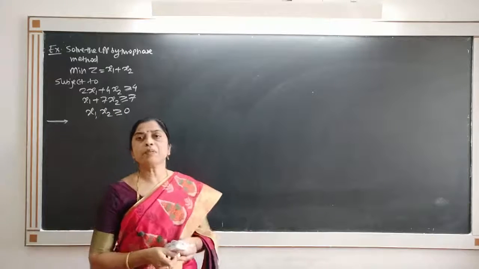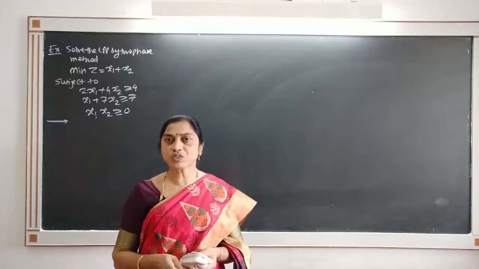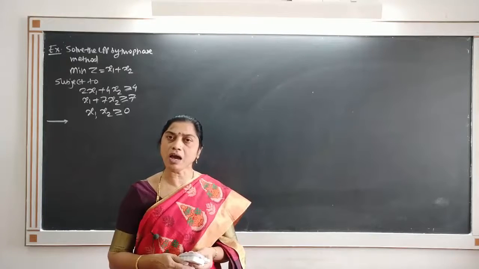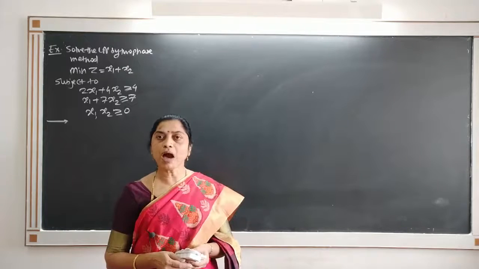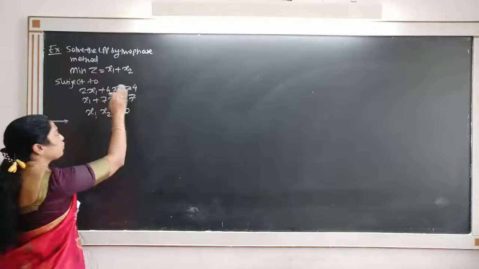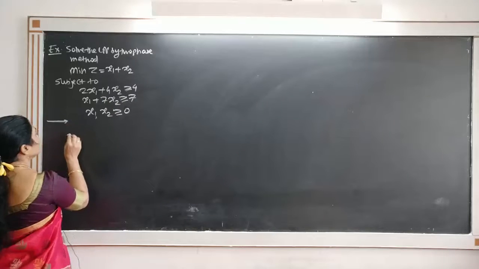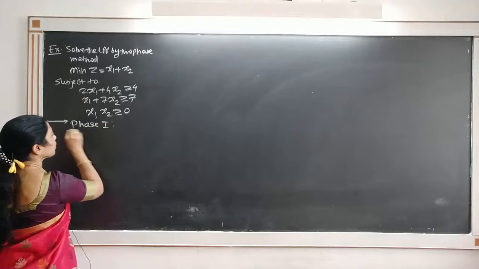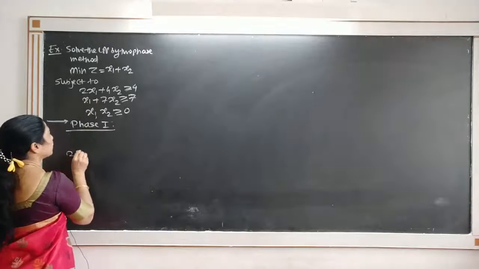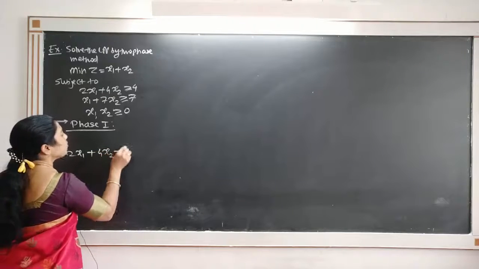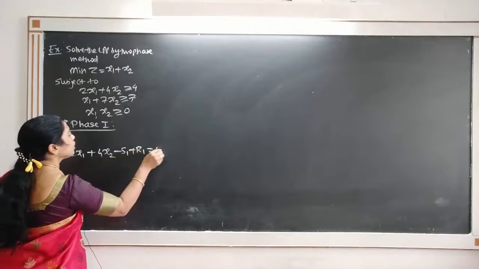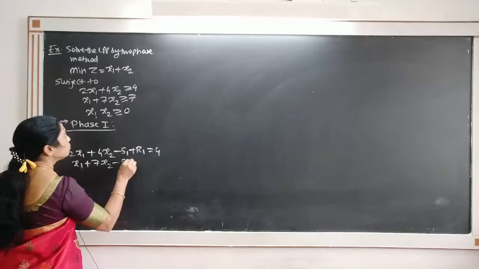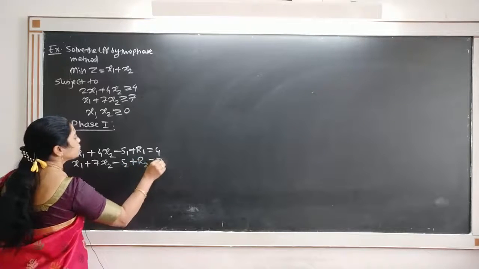To solve this LPP by the two-phase method, we will consider phase 1, in which the objective function is minimum r, where r is the sum of artificial variables. So we will first write this in standard form: 2x1 plus 4x2 minus s1 plus r1 equal to 4, x1 plus 7x2 minus s2 plus r2 equal to 7.